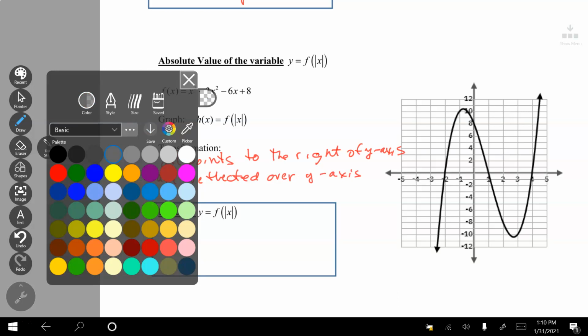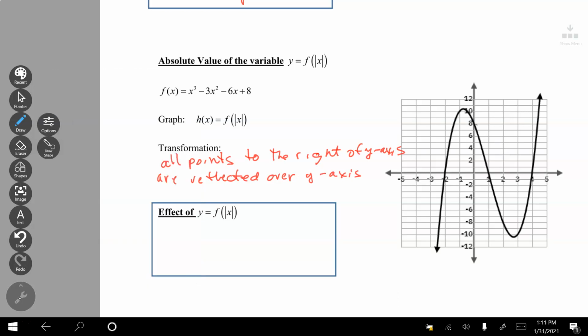So basically I'm going to take everything on the right half of the graph, this whole thing right here, I'm going over it in gray very lightly, and it's going to be mirrored over the y-axis. This part here I'm going to do in red so it really stands out. This part here in red, I'm just going to copy over the y-axis. So here, and here, and here, and here, and here.